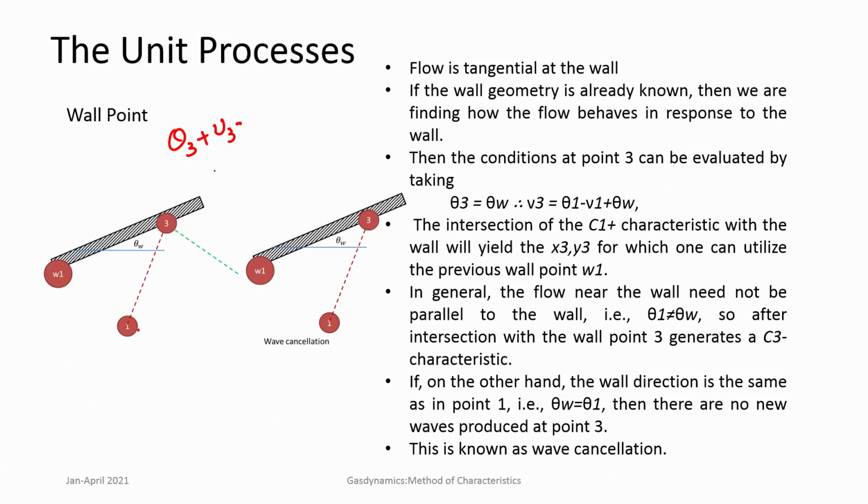So, in a C plus characteristic, theta 3 minus nu 3 is equal to theta 1 minus nu 1, and theta 3 is equal to theta wall. Therefore, nu 3 is equal to theta wall plus nu 1 minus theta 1.